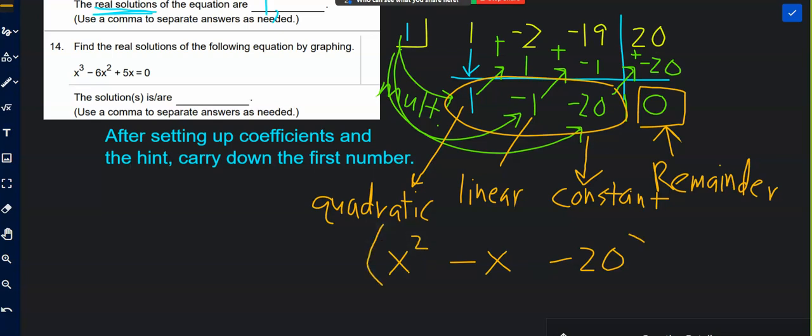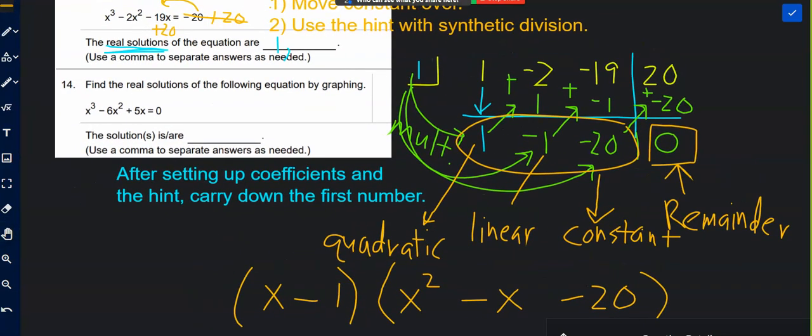So, you were told that x minus 1 is a factor. Now, you might not think you were told that, but at the very beginning of this problem, it said that 1 is a solution. Well, you and I both know that goes with x minus 1. And yes, I know you need to practice synthetic division until you get the hang of it.